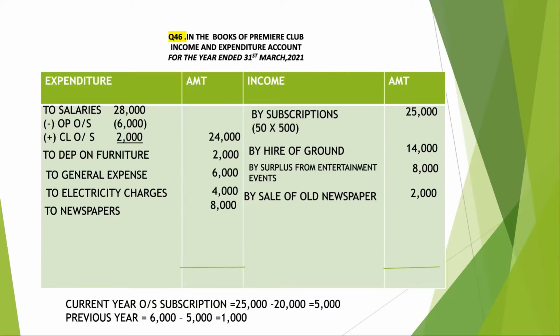It is a capital expenditure, therefore it will not be reflected in income and expenditure account and will be shown in the closing balance sheet. After we adjust all the income and expenditure, we will get a surplus amounting to rupees 5,000. Total of the income and expenditure side is 49,000. I hope this point is clear.